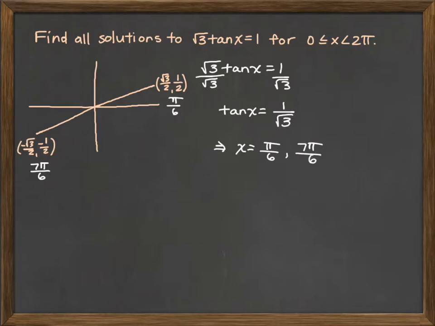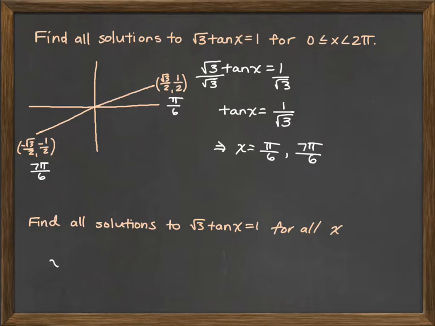Now, how can we write this in general? If we were to keep going outside of the interval, let's say they asked for the general solution: find all solutions to square root of 3 tan of x equals 1 for all x. What do we get? We start off at pi over 6. The next time the tangent is 1 over root 3 is at 7 pi over 6.